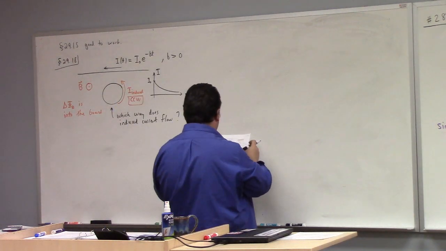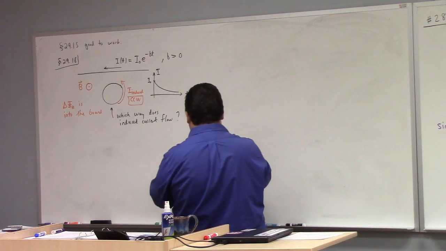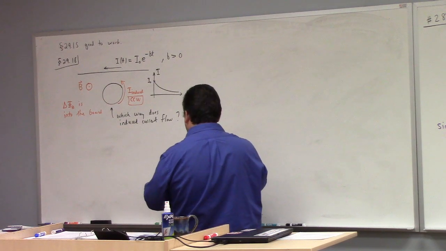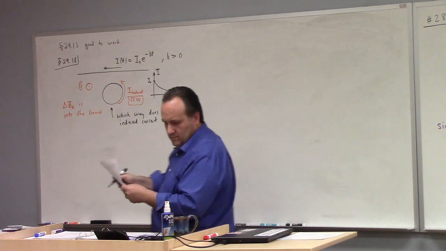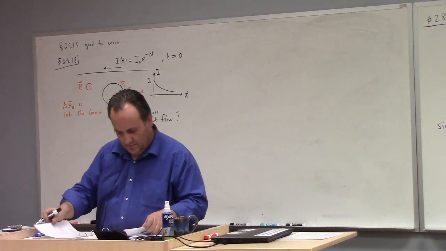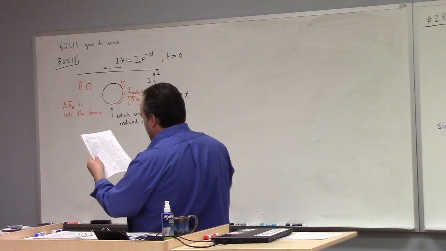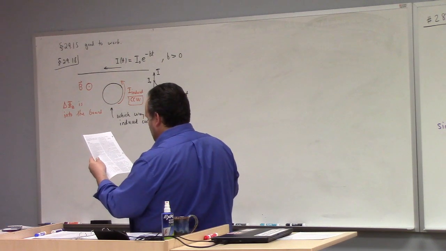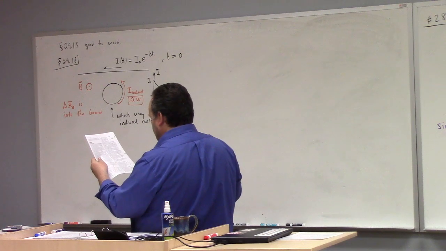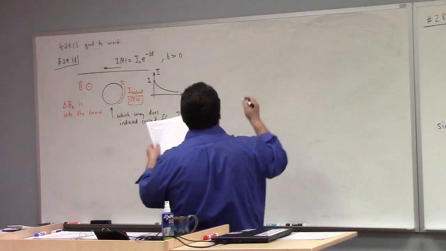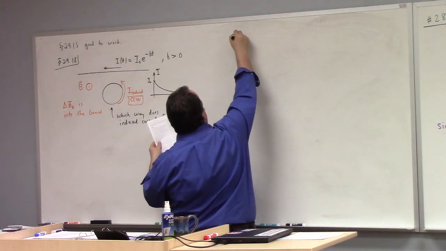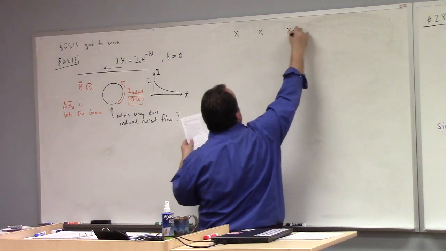So, oh, I thought maybe I'm thinking of the right problem. Oh yeah, we're here. So here you've got a circular loop of wire in a region with a spatially uniform magnetic field, all right? And so you've got magnetic field like this.